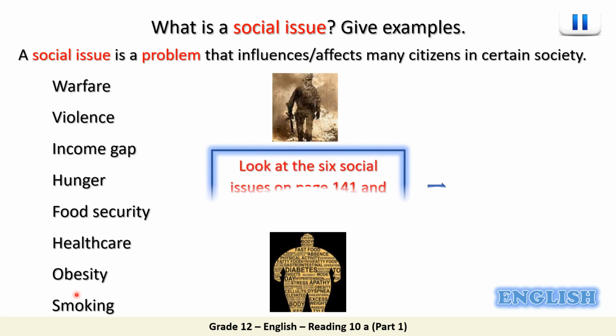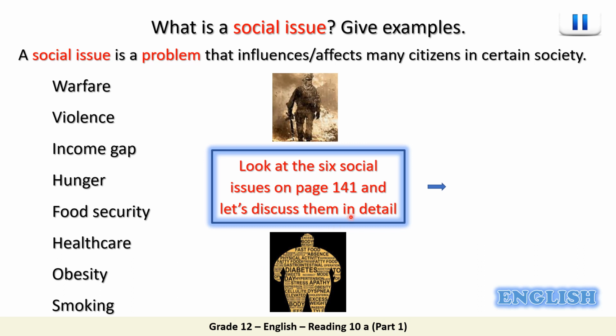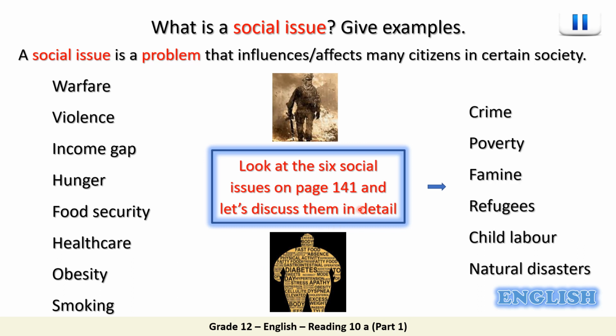Okay. On page 141, there are 6 more social issues. We will discuss them in detail. They are crime, poverty, famine, refugees, child labor, and natural disasters. Are you ready now?